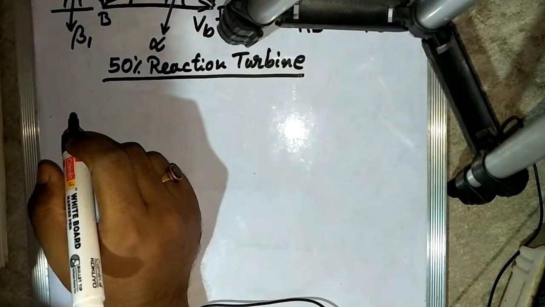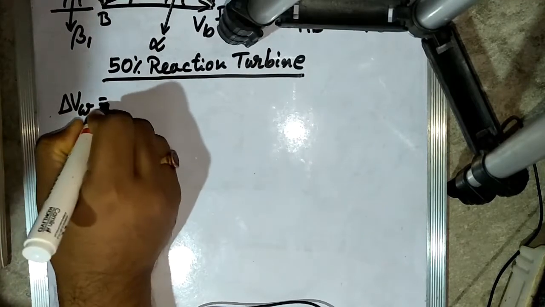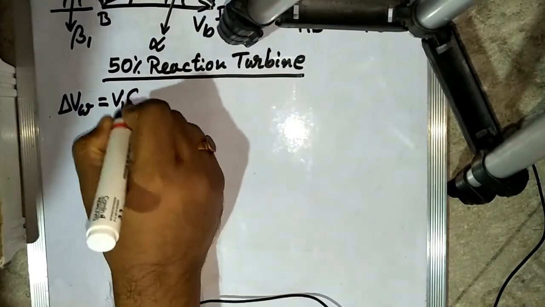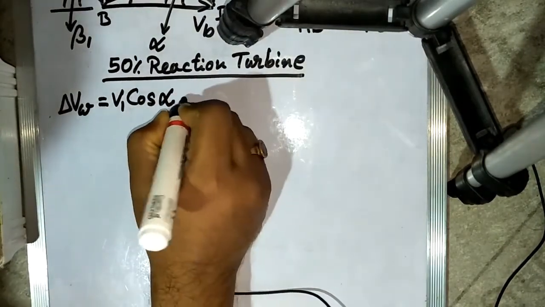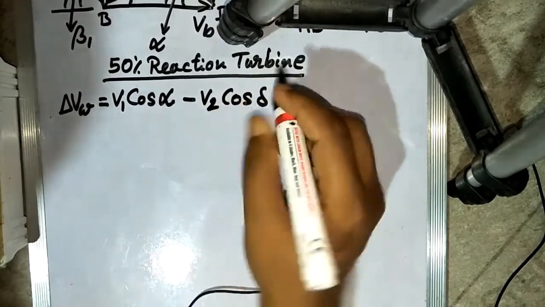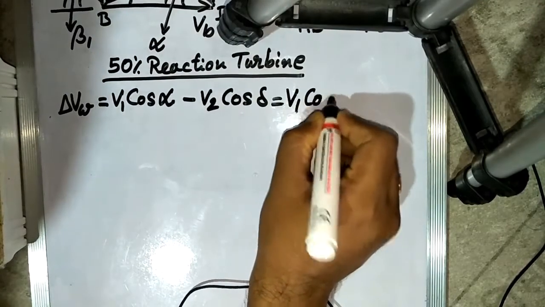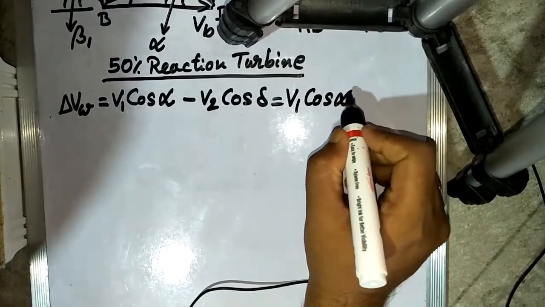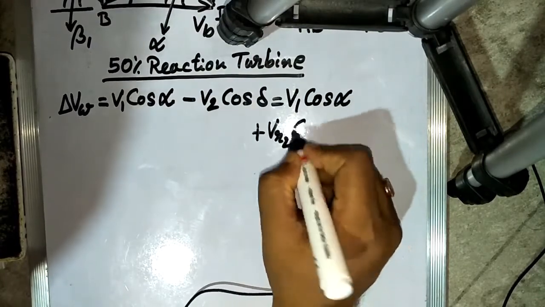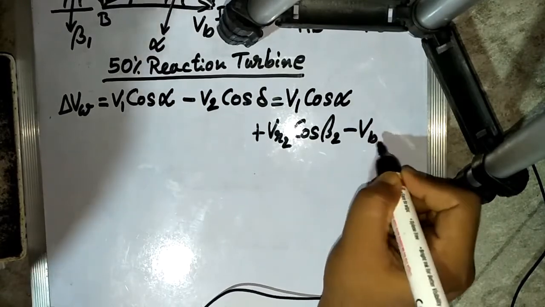From the above diagram, we can write that delta V omega is equal to V1 cos alpha minus V2 cos delta, which is equal to V1 cos alpha plus VR2 cos beta 2 minus Vb.